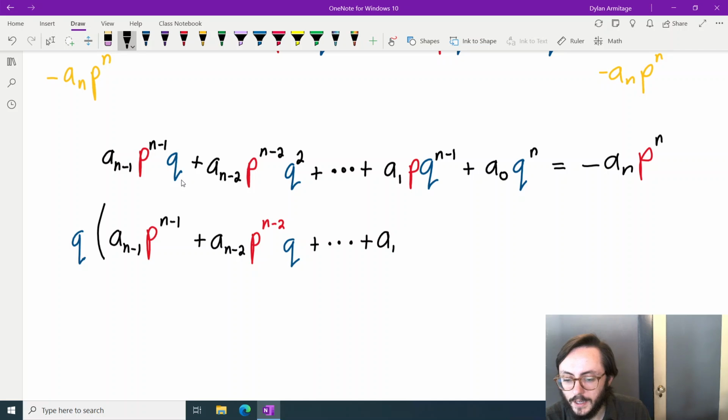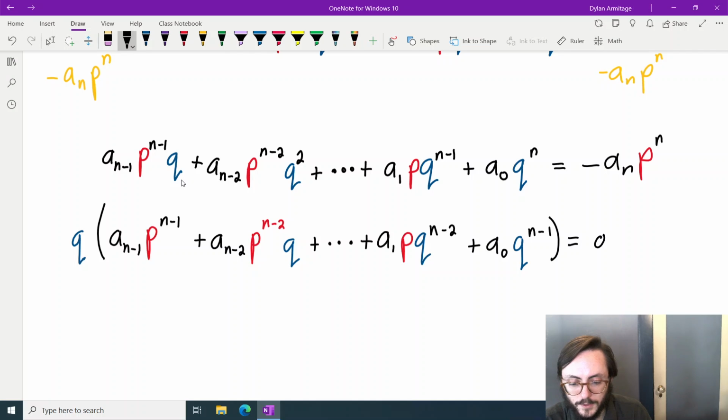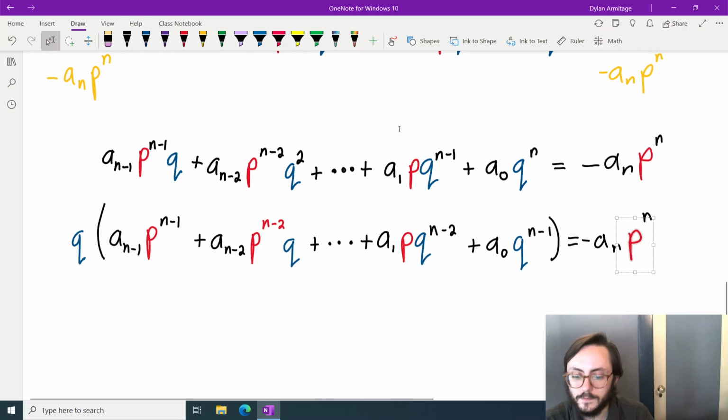Here, a sub 1 times p, because p is still there, times q to the power of n minus 2, one less than before, plus a sub 0 times q raised to the power of n minus 1. That equals negative a sub n times p to the nth power.